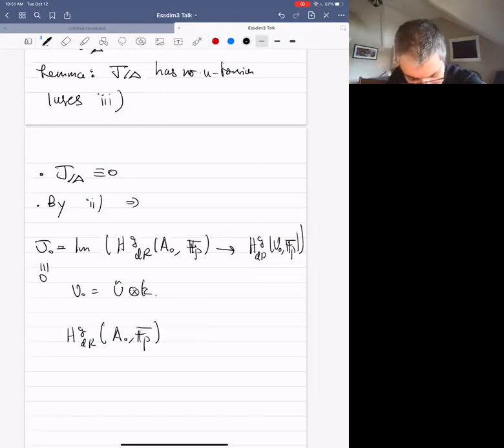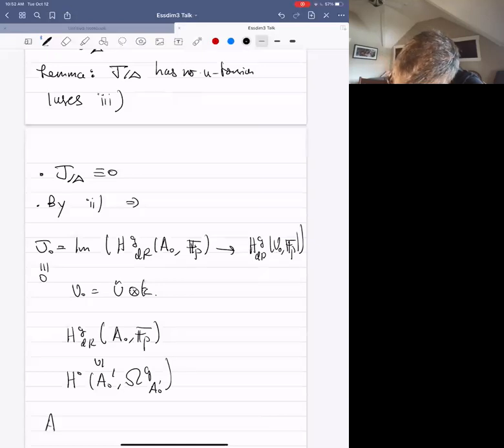Okay. So one of the rules of the game here is that you can analyze this mod P de Rham cohomology, and it has as a direct summand the G forms on the Frobenius pullback of A naught.